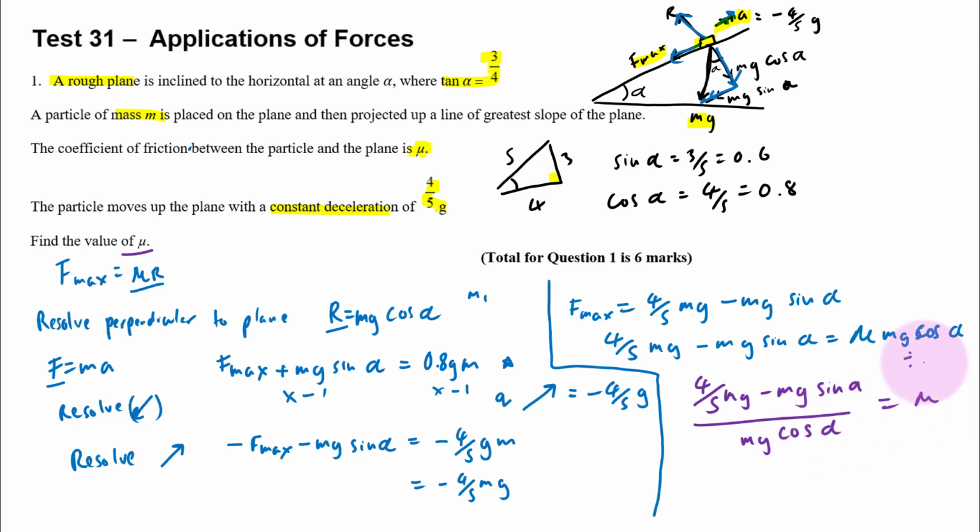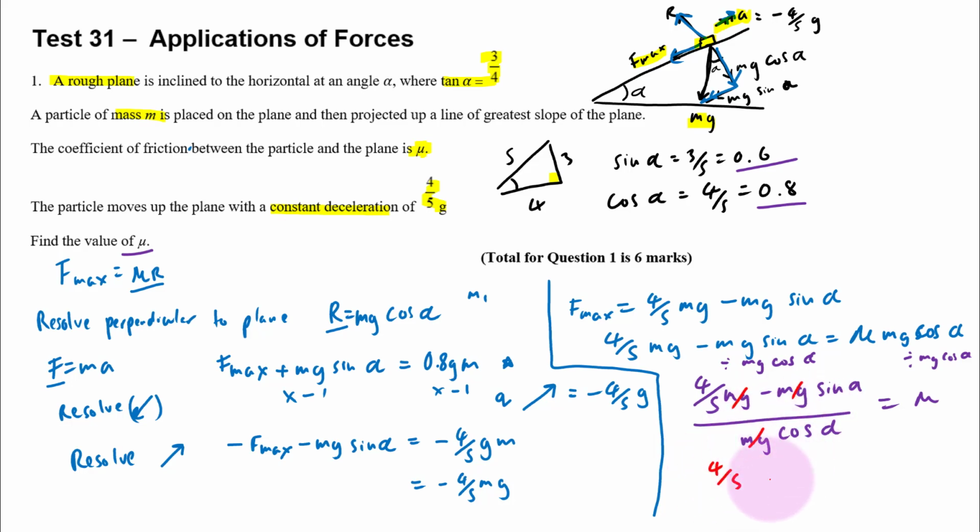You can see that we divide both sides by mg cos alpha to isolate mu. Now you might think, oh, but we've got sine alpha and cos alpha, but we've worked it out here. So as we're dividing everything by mg, that cancels out. So what we end up with is 4/5.